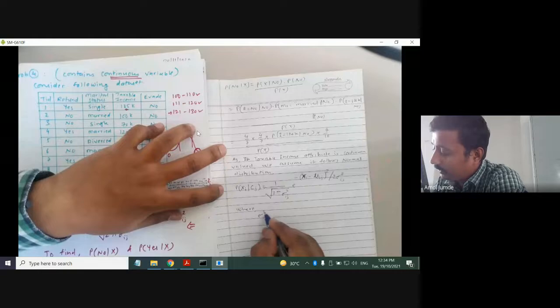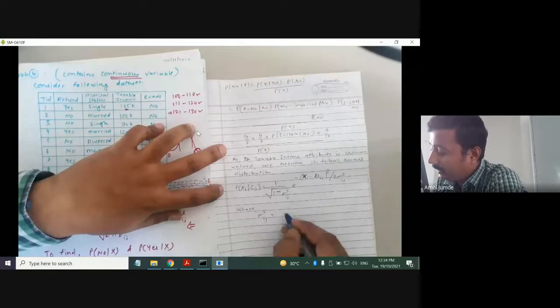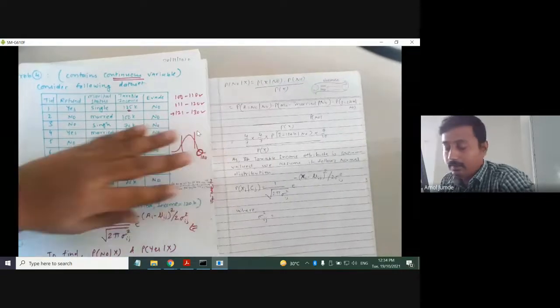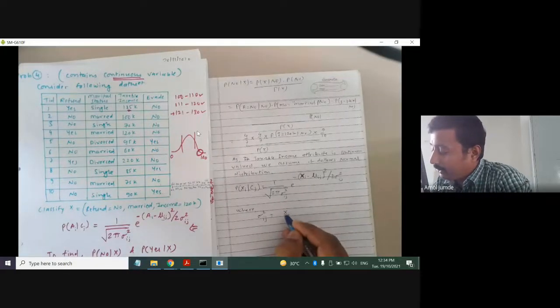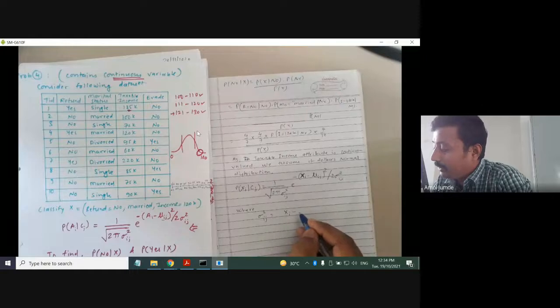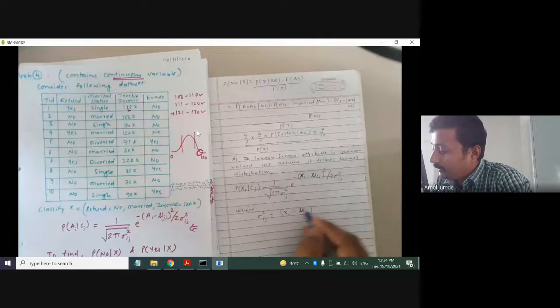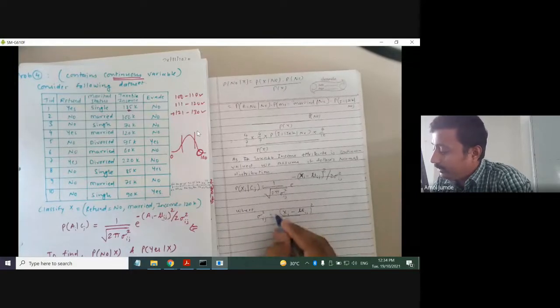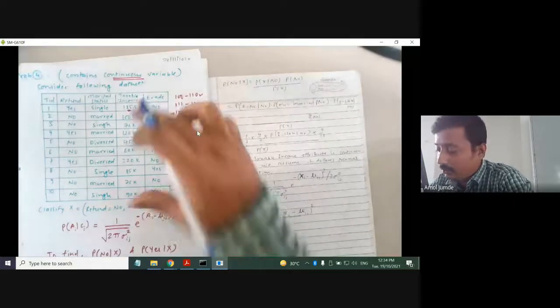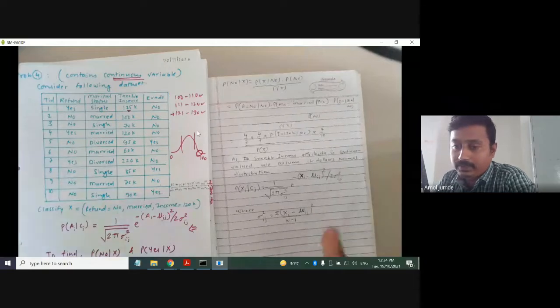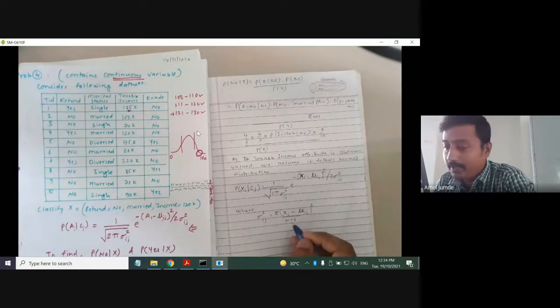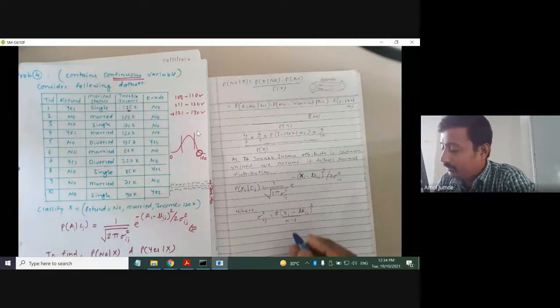sigma square is given by the formula of variance. We subtract the value of each sample from the mean, take the square of that, and do the summation. As we are considering only samples, we have to divide by n minus 1. If you consider the entire population, you have to divide by n. Remember that difference.